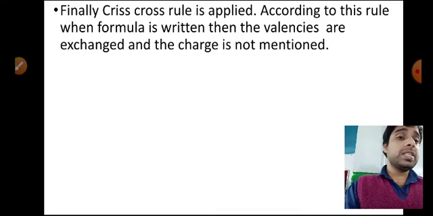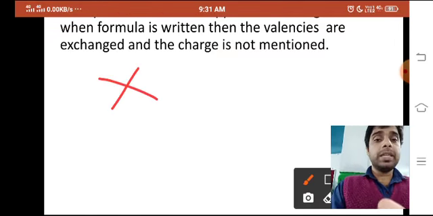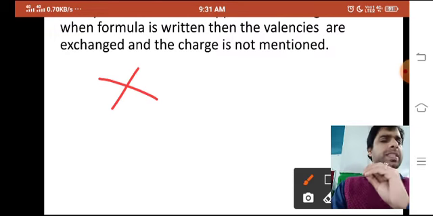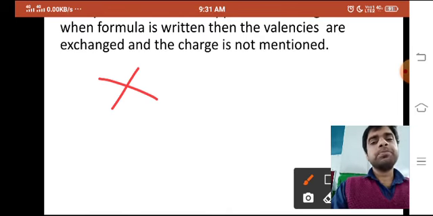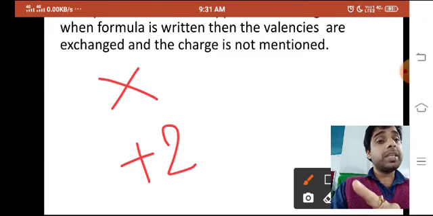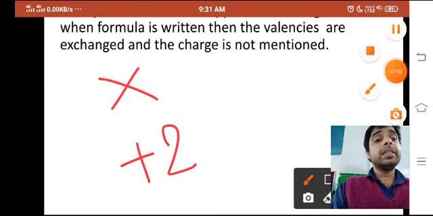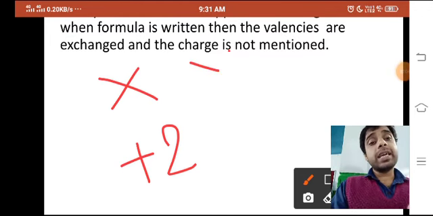What does crisscross rule mean? You can see here, I have written X as a symbol of any element which is present in a compound, so I have written X as a general one. Here its valence is +2, because we write the electropositive on the left hand side and the electronegative on the right hand side.